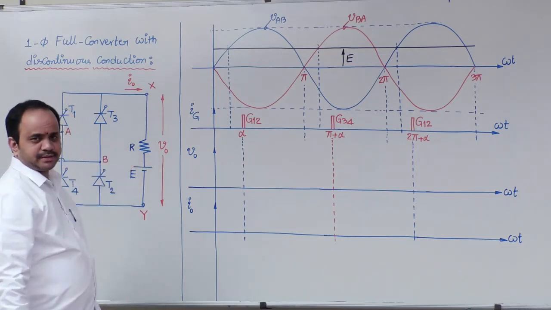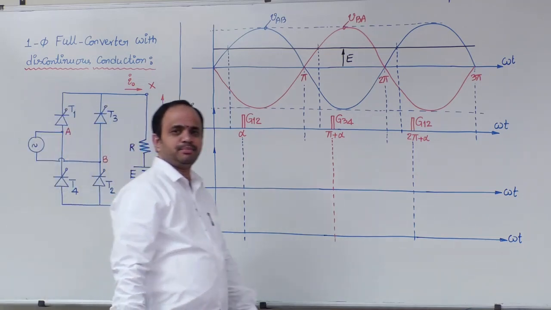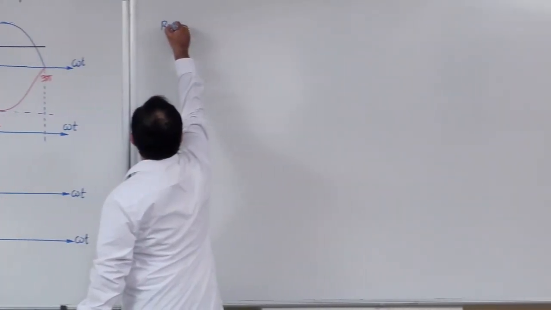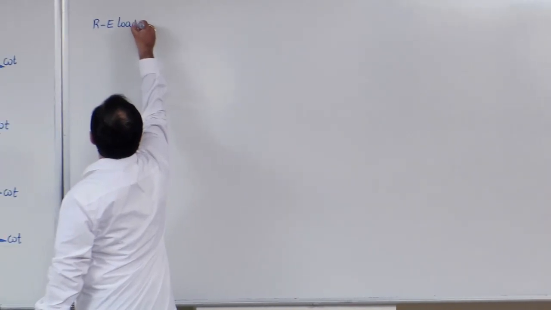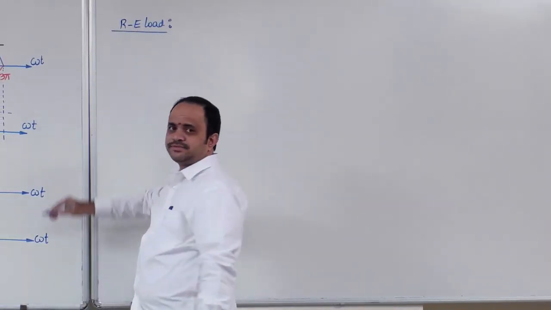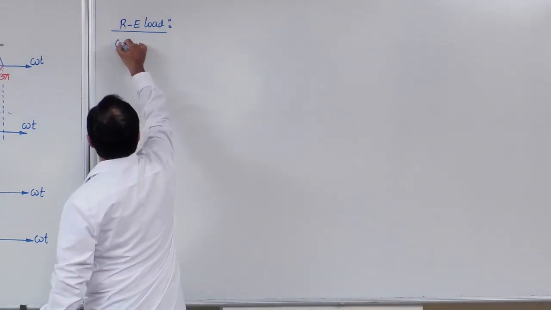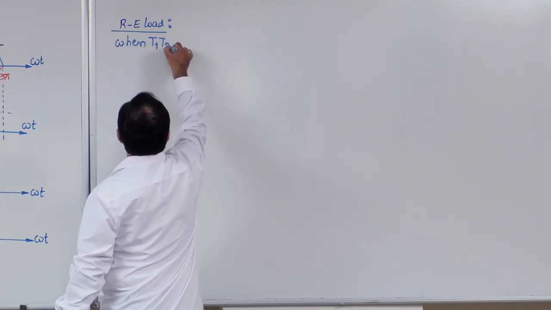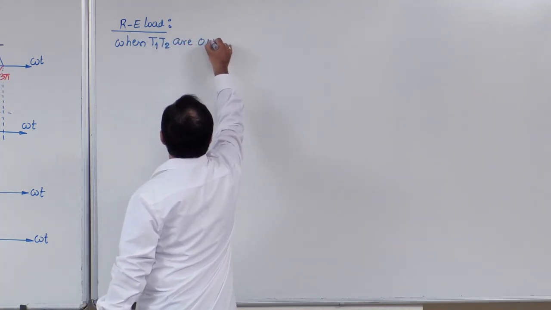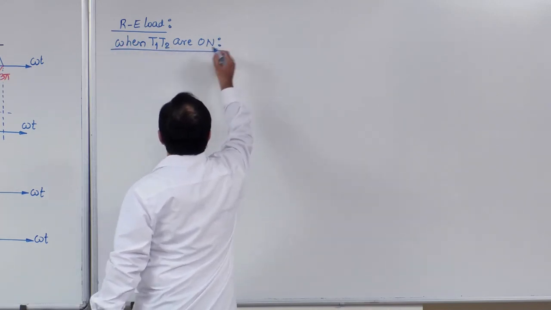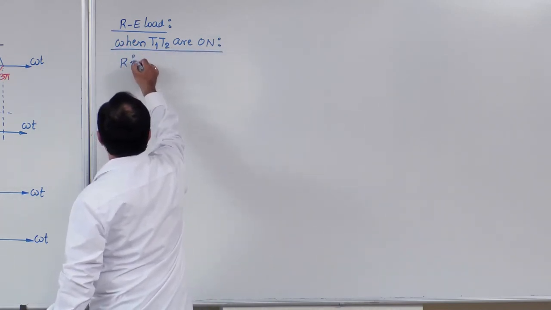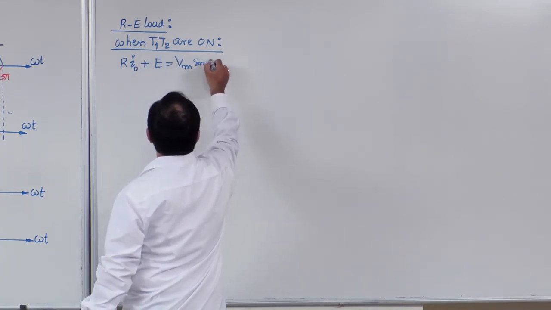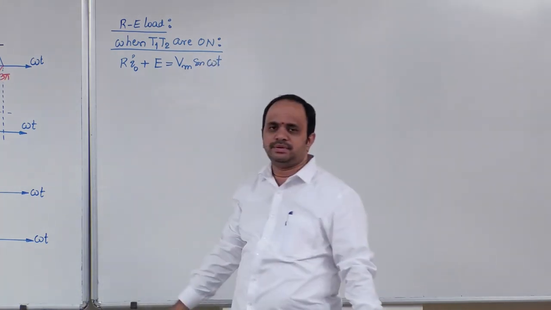In this particular case, suppose the T1 T2 pair is turned on. Let us look into the basic equation for RE load. When T1 T2 are on, R into I naught plus E is equal to Vm sin omega t.